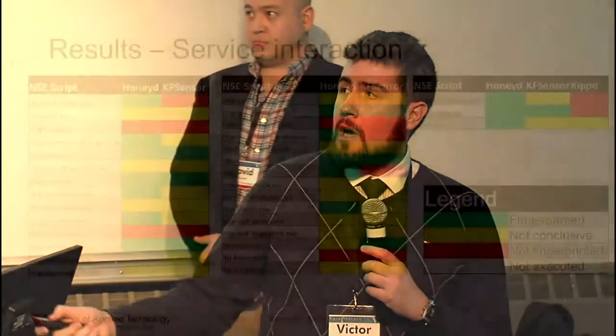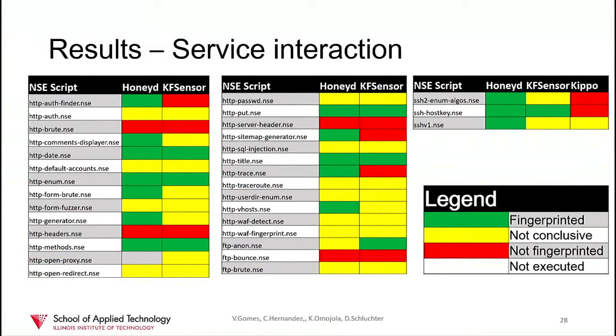So these are our results for this fingerprint technique. As you can see here, this is a big table with all the scripts that we ran. Here we have the HTTP and FTP scripts, and here the SSH scripts. The green color represents the honeypots that were successfully fingerprinted.